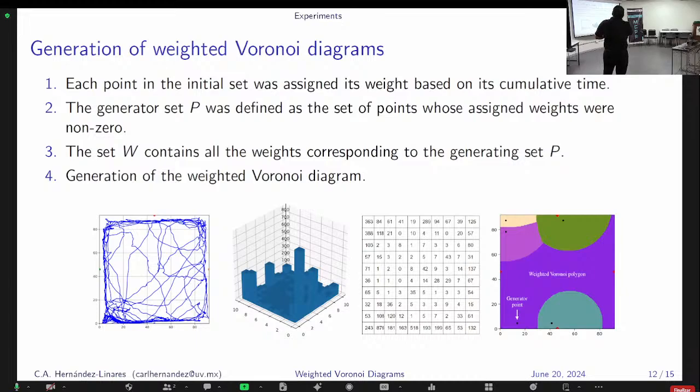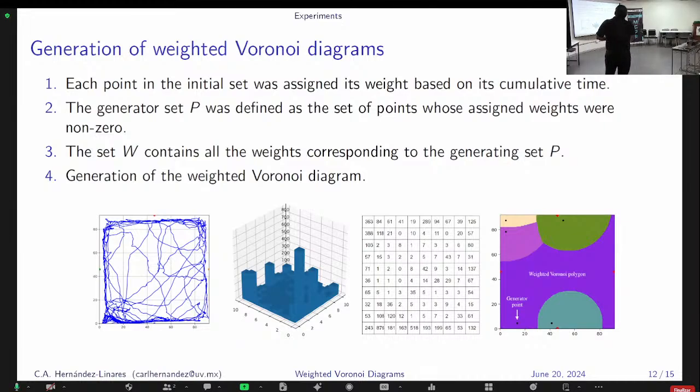It's called the initial set, and each point of the initial set was assigned its weight based on its cumulative time, and the generator set was defined as the set of points whose assigned weights were non-zero. We have a case where the weight is 0, and this point is not considered.